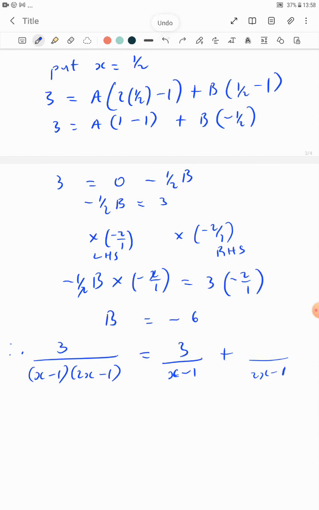So instead of that, our plus will become minus, so that will be minus 6. So this is what they ask us to do. We have 3 over x minus 1, that's the first partial fraction. And the second one is 6 over 2x minus 1. So this is what they ask us to do.